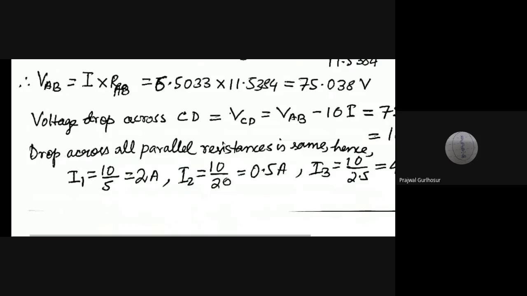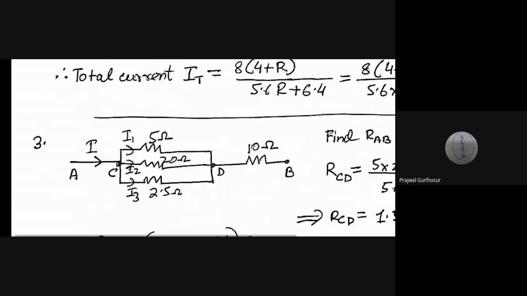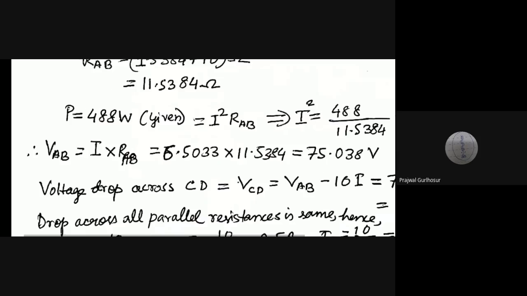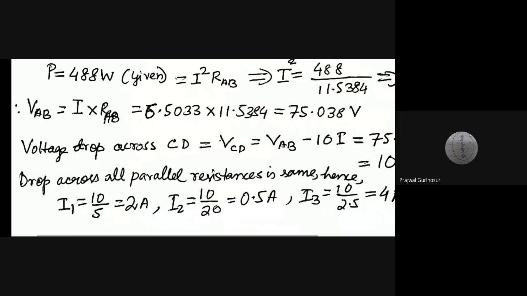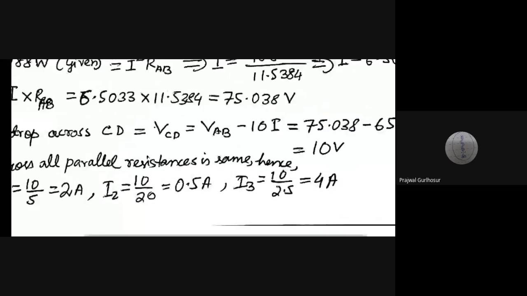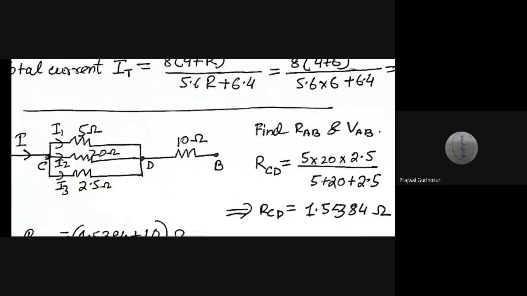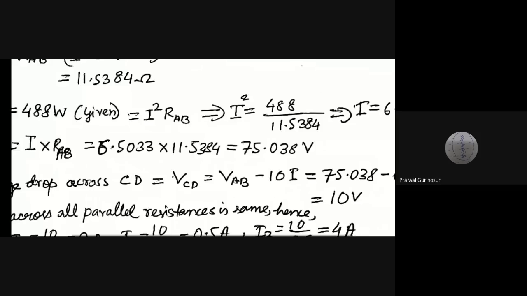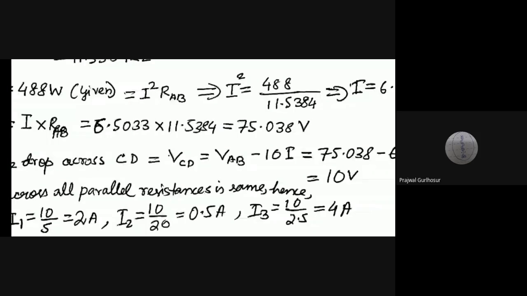So the VAB value we already got. Now the voltage drop across C to D, the parallel branches. How will we calculate it? We just subtract VDB from VAB. VDB has the resistance 10 ohm. So across DB the voltage drop is 10 ohm multiplied by I, that is IR. The total current multiplied by 10 ohm gives the value of VDB.